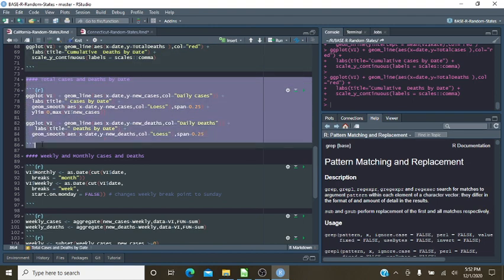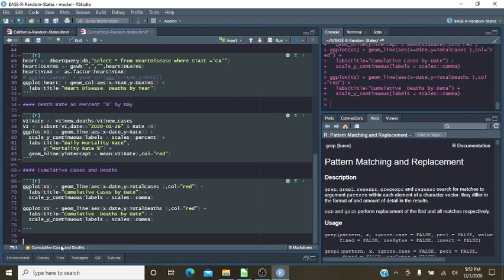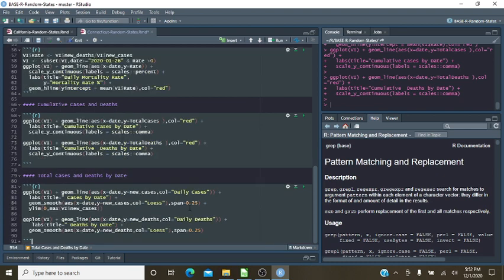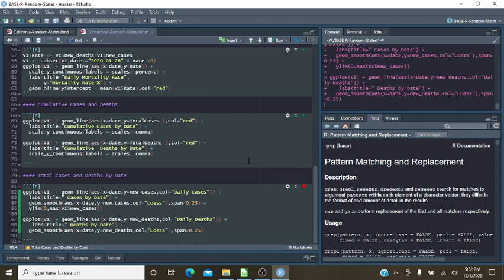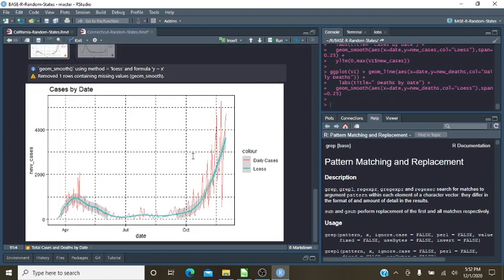What's this, total deaths per day? Let's take a look at this here. So what you can see here is the daily cases are spiking again, but there's a lot of volatility.